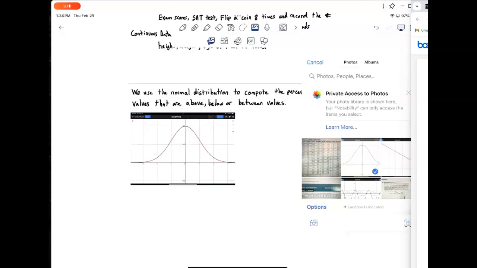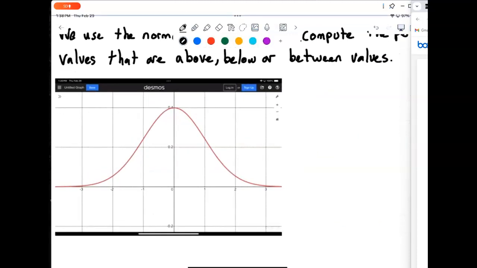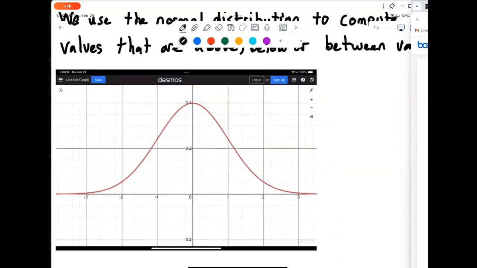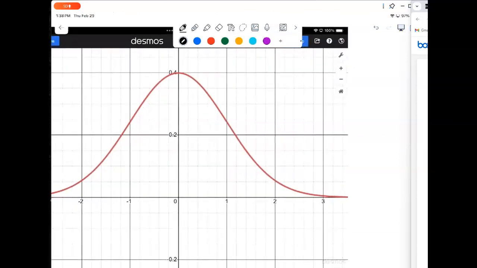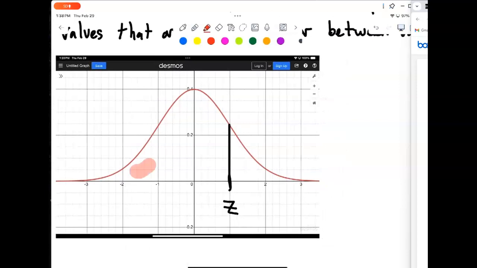But the idea here is that we have our normal distribution and we know a particular z-score. I'm just going to mark it as being right here. Then we're going to have a chart that we're going to look at in a moment that's going to tell us the percent of values that fall below that level, whatever that level might be.